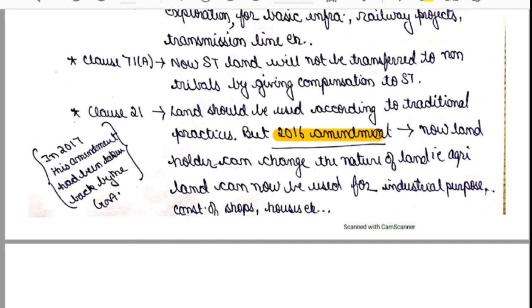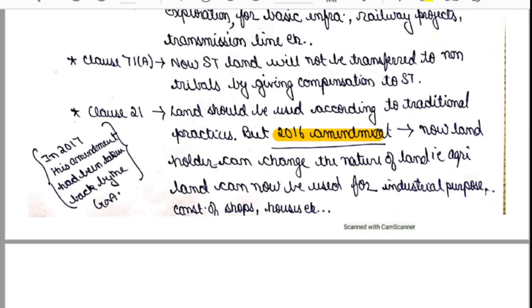Okay, that is what happened: in clause number 21 it was mentioned that the land should be used according to the traditional nature. That is, if there is an agricultural land, it should be used for the purpose of agriculture. If there is a school on that land, then that land should be used for the purpose of schooling only.